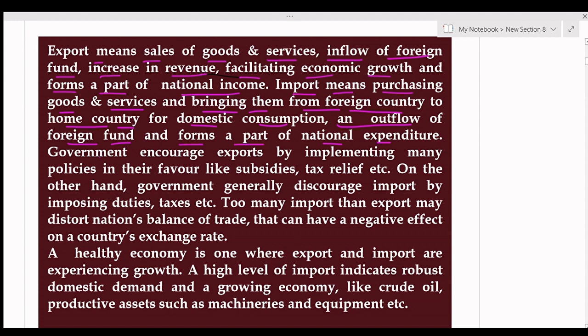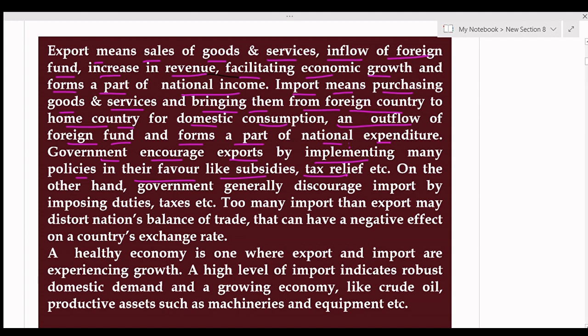Government encourages exports by implementing many policies in their favor like subsidies, tax relief, etc., because they increase GDP. GDP means gross domestic product, and subsequently it improves economic growth. This also increases the foreign exchange reserve.